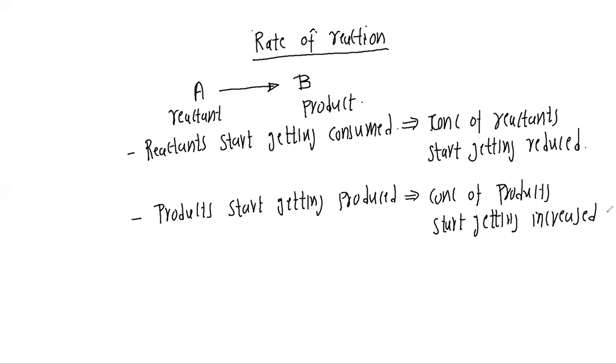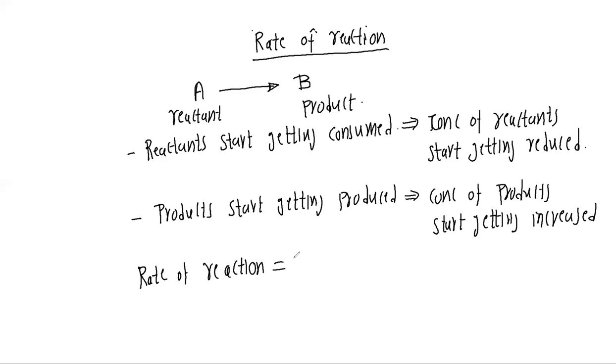Okay, so how to define? Very simple idea. So the rate of reaction can be defined with this simple idea. In physics, how we find out the rate of any motion of the body? We call it as a speed. So how we measure the speed?